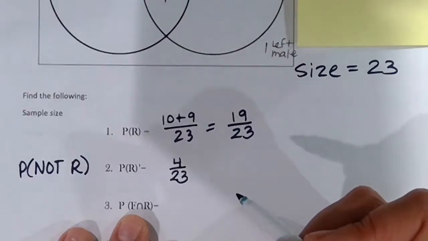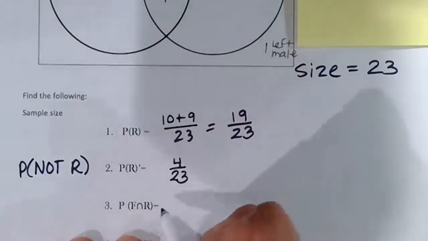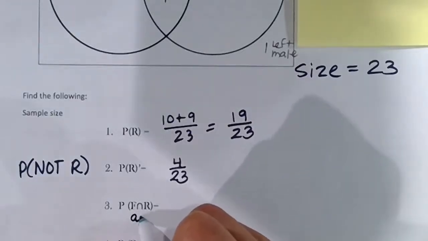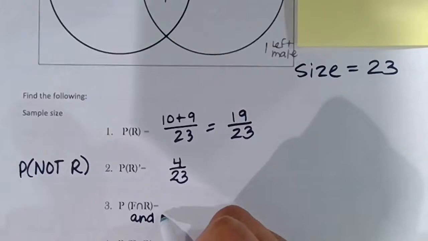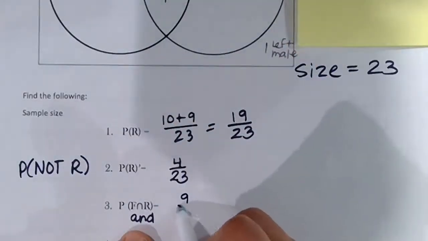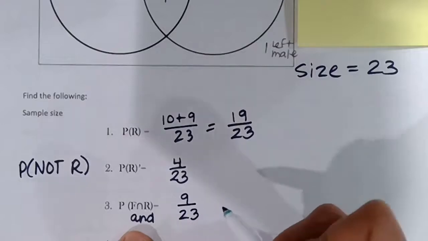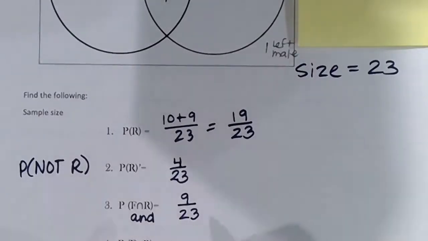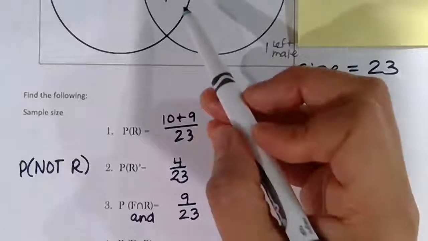Next one, probability that they are female and right-handed. So female and right-handed, well, 9 out of 23. This one, probability that they're female or right-handed is going to be all of this.